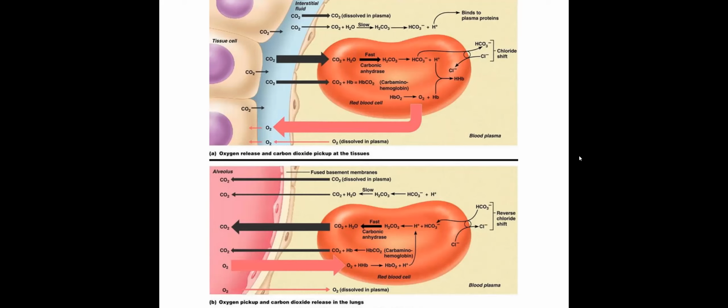So bicarbonate plus hydrogen ions breaks down into carbonic acid, which will break down into carbon dioxide and water. So from that, you should think a lot of the carbon dioxide picked up at the cellular level is carried in the blood as bicarbonate. I hope you guys got that. A lot of the carbon dioxide carried in the blood is carried as bicarbonate.